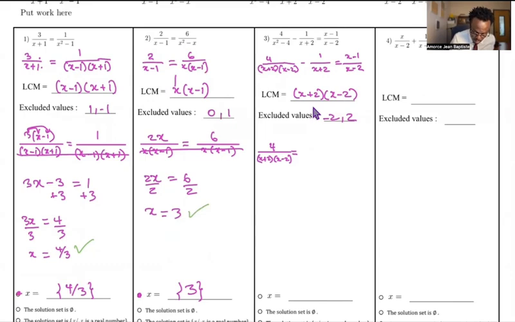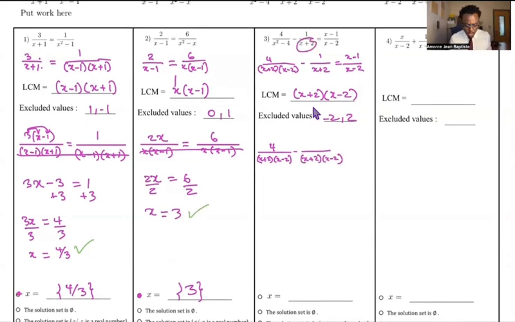Minus, the second one was only x plus 2, so we need to multiply top and bottom by x minus 2. So that's 1 times x minus 2. And then last, it's already x minus 2, so we multiply by x plus 2. So x minus 1 times x plus 2.